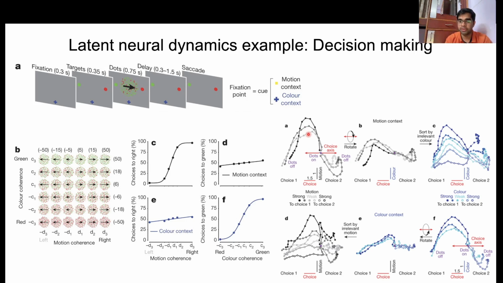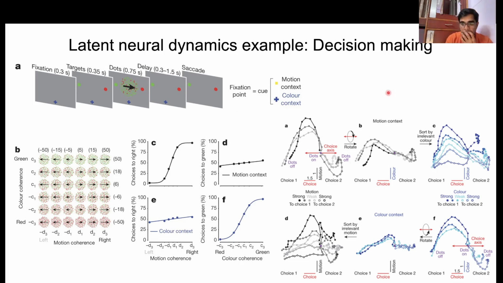This amplitude is close by, then increases, then increases as the coherence increases, and across choice you can see leftward versus rightward choices. This is all constructed by averaging the trials in the motion context, like what we saw previously. But instead of using neural responses here, we are using some principal components which are informative of the task.